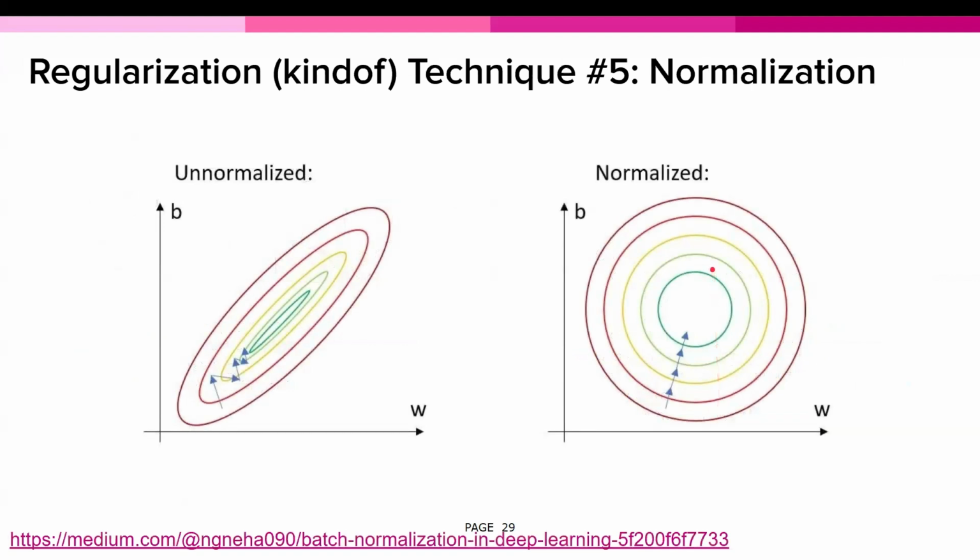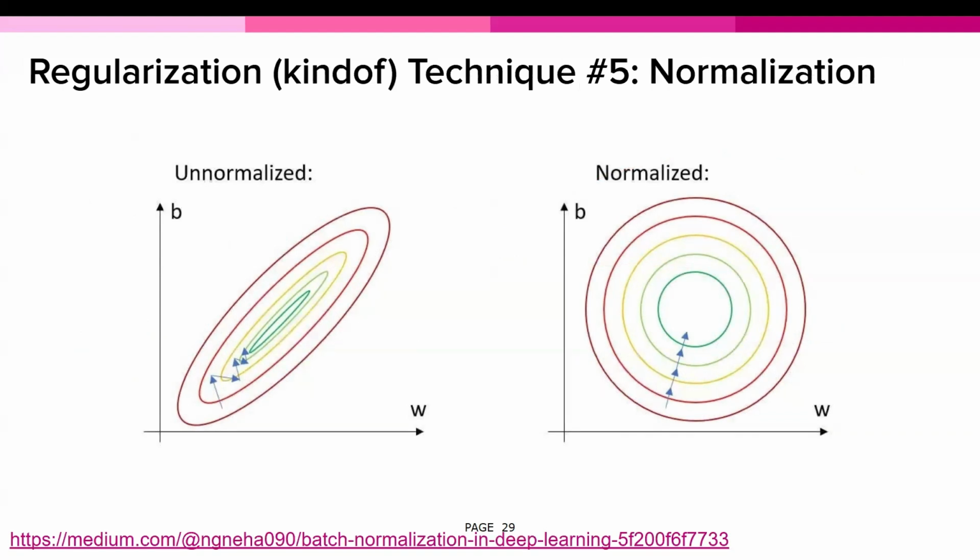One last trick that has the effect of alleviating overfitting concerns a data preprocessing step called normalization. And so the main goal of normalization is to get all features on a consistent scale, typically with a mean of 0 and a variance of 1.